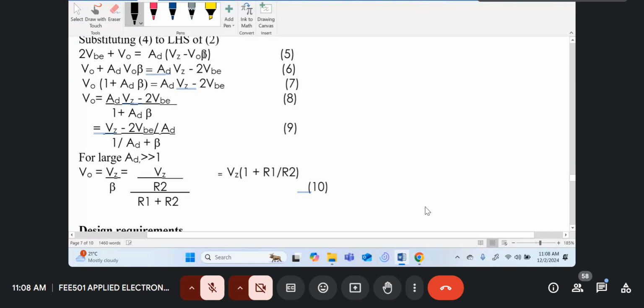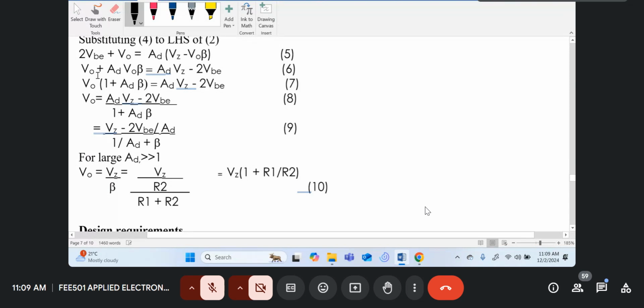If I bring it to the left-hand side, I get positive AD V naught beta. And from 5, I'll remain with AD Vz on the right-hand side, which is this term. The other term from 5 is 2 VBE, so I'll bring this term to the right, and it becomes minus 2 VBE.